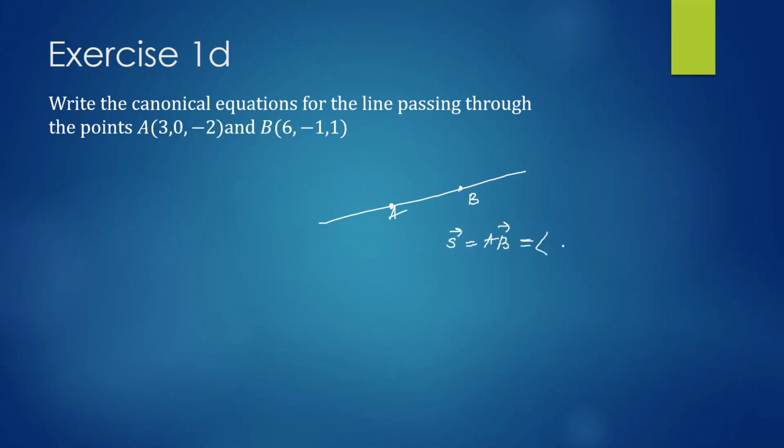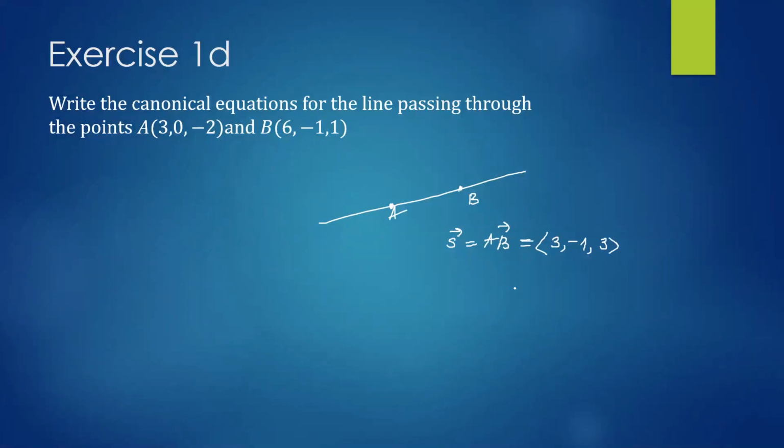That is 6 minus 3 is 3, minus 1 minus 0 is minus 1, and 1 minus negative 2 is 3.